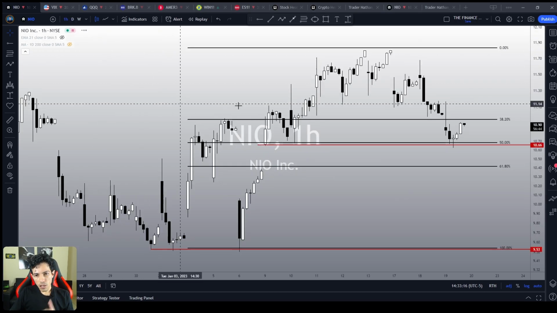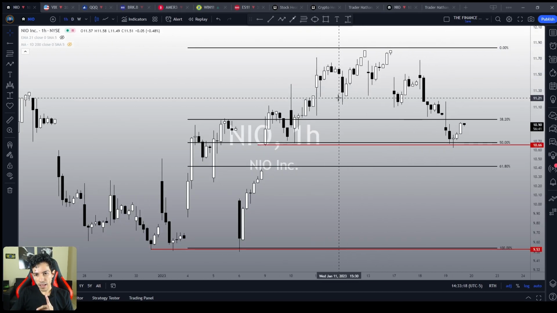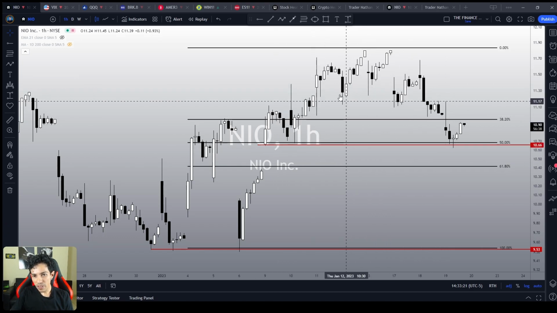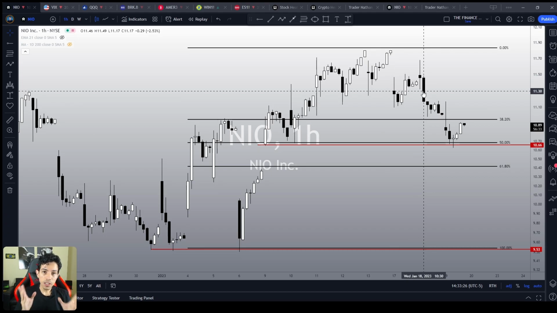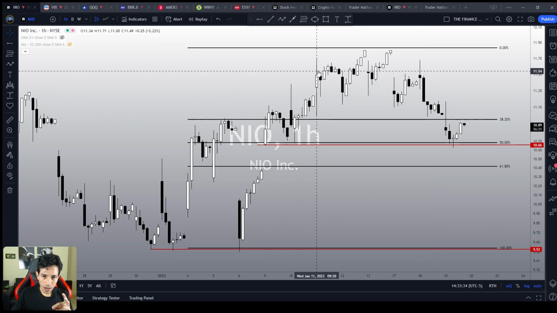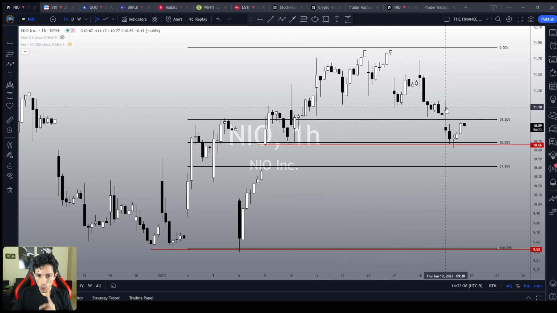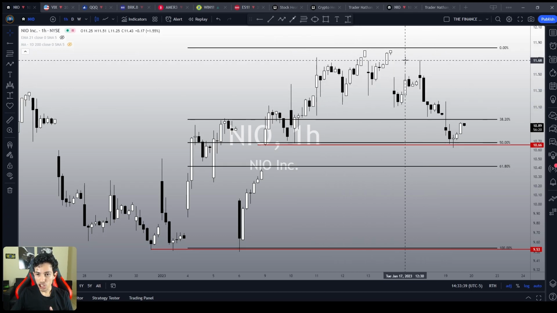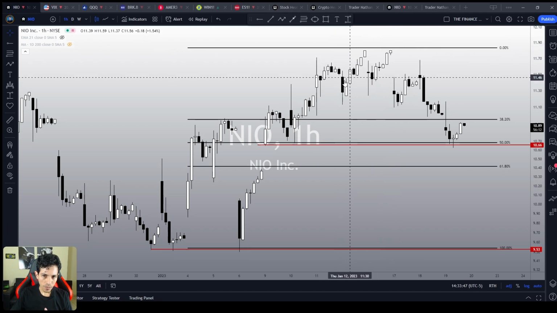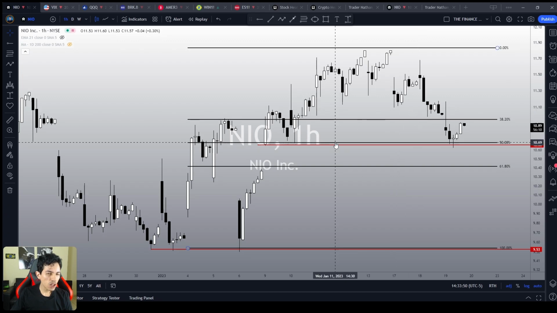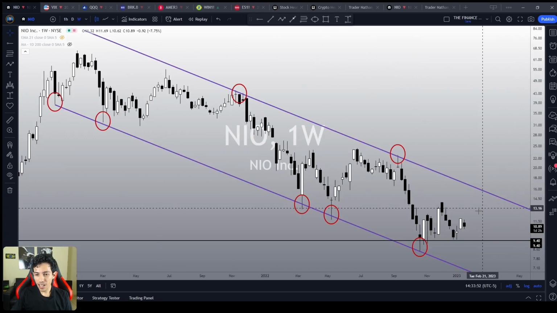Now, NIO has to break this, has to frustrate this rounded top, this possible weird head and shoulders chart pattern, because usually when any stock, any asset class, price action wise frustrates a head and shoulders chart pattern, usually we see a very strong bullish momentum next after the breakout of the previous resistance level. So if we actually frustrate this head and shoulders chart pattern, I do believe NIO is going to seek much higher levels in the weekly chart.